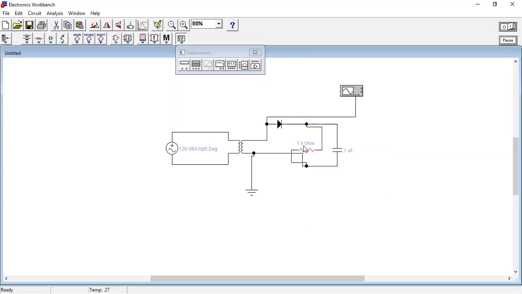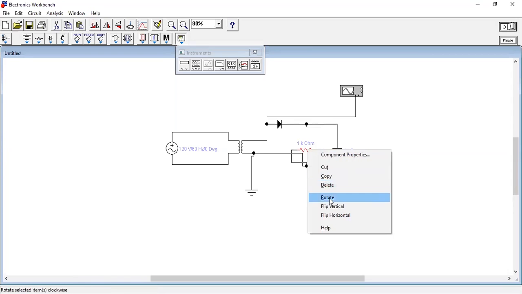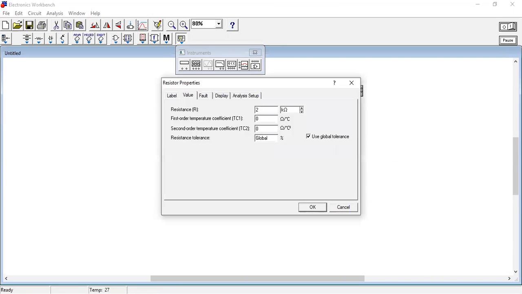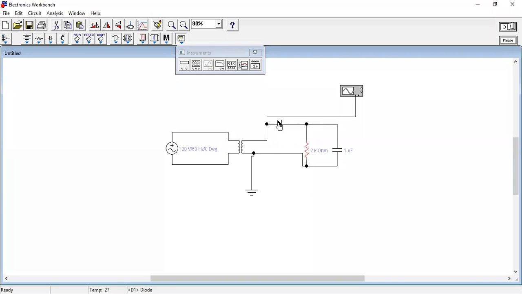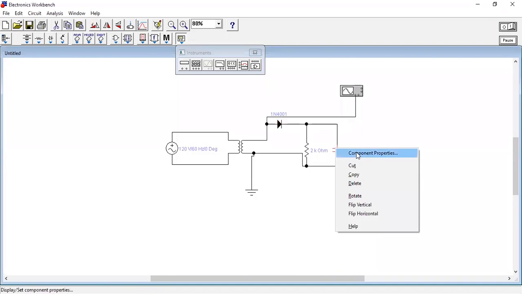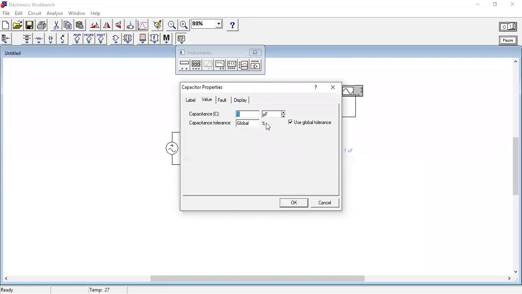This transformer is ideal, only for electronic work, not for experimental use. We give 12 volts and 30 hertz frequency, and we can find the input waveform for the half wave rectifier. So we can run.